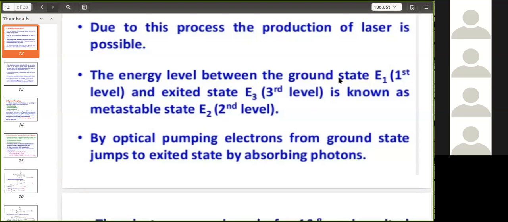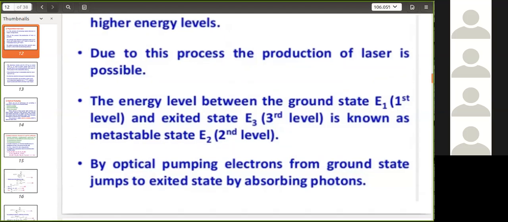एक्साइटेड स्टेट का लाइफ टाइम मैंने कहा 10 to the power minus 8 सेकेंड है, whereas the metastable states they have a life time of 10 to the power minus 3 सेकेंड, मतलब 10 to the power 5 times higher than the excited state. तो जनरली एक्साइटेड स्टेट से एटॉम्स डी एक्साइट होके एनर्जी लूज करके मेटास्टेबल स्टेट में आके जमा होता है.